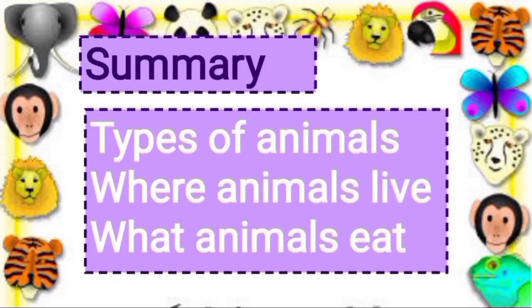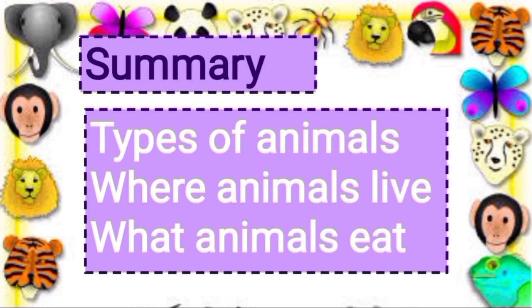So today we have learned that based on the presence or absence of a backbone, animals can be divided into two groups, vertebrates and invertebrates. Animals with a backbone, or vertebrates, can be further divided into groups such as fish, birds, amphibians, reptiles and mammals.